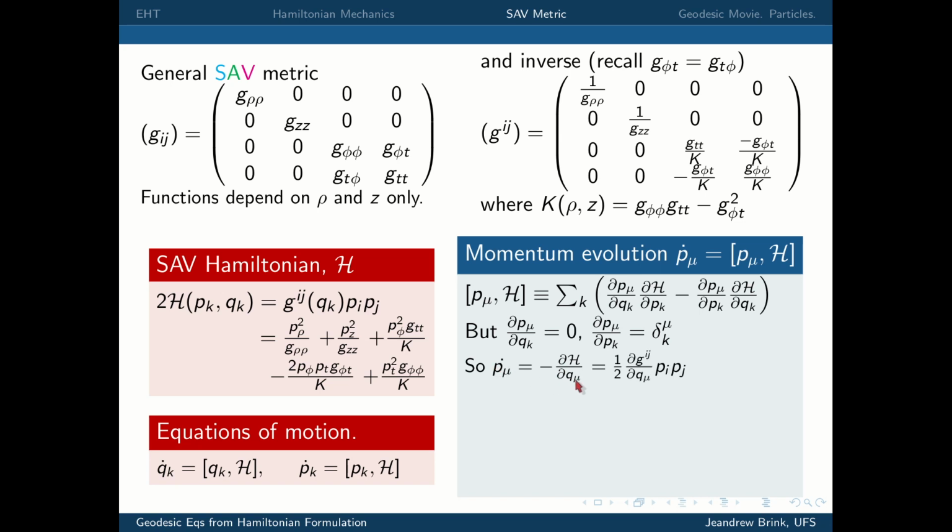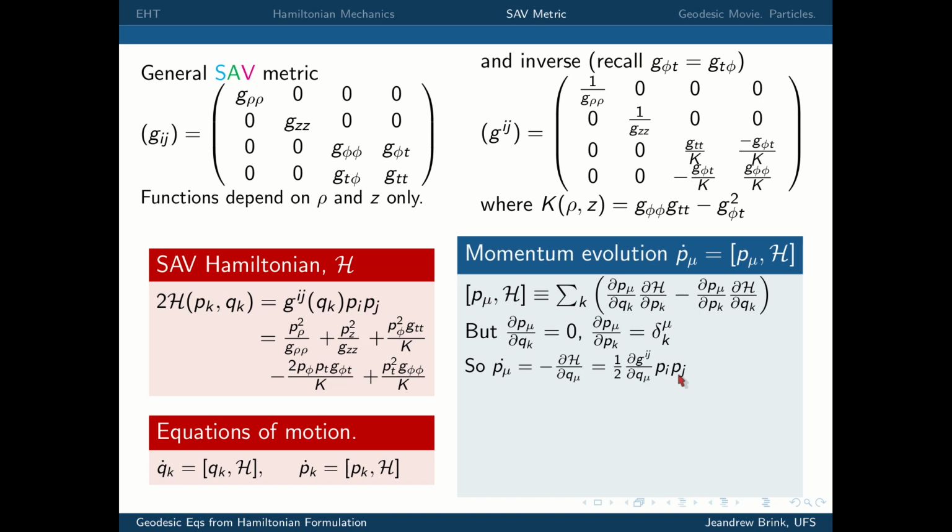We can simplify further, because H has all its coordinate dependence hidden in the metric. We can simply take the derivative of the upper metric itself, in other words take the derivative of this thing, and there we have an equation.